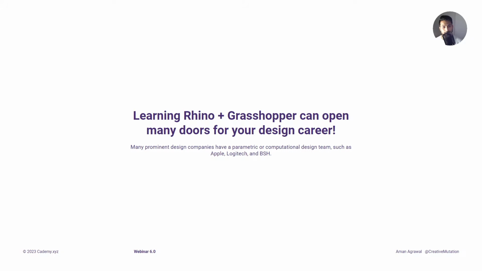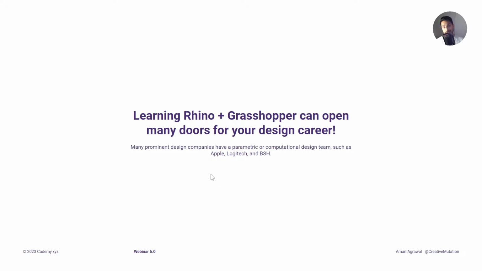All right, so a lot of people also inquire us what is the need of learning Grasshopper and Rhino. Well, we have noticed a growing trend in all design companies and studios that a lot of them are moving towards Rhino, because if you compare the pricing of Rhino to other CAD packages, it's quite cheaper.